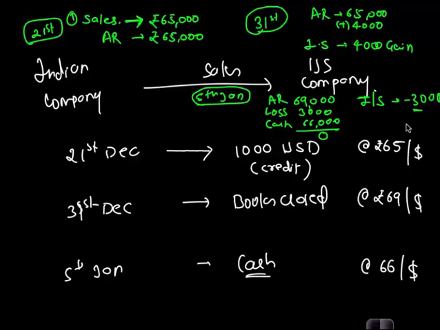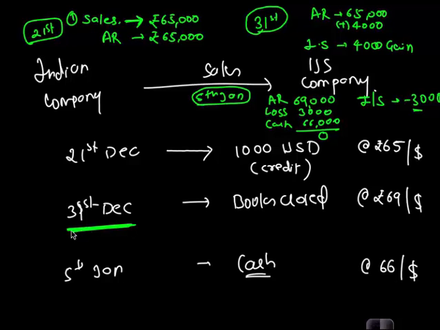Why did I do what? Because when you close your books, see, one question is, if you remember, generally with assets, we ignore the fluctuation in prices. But this is a different category of asset. With this asset, your intention is to convert this to cash immediately.